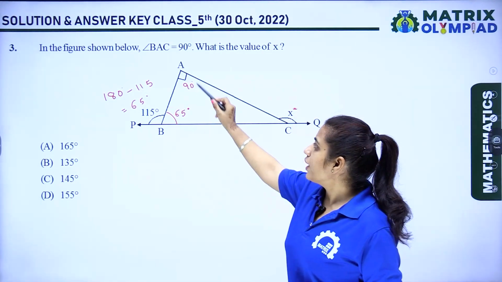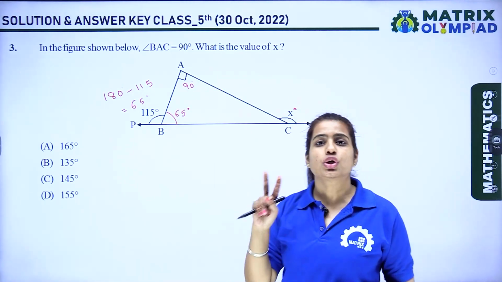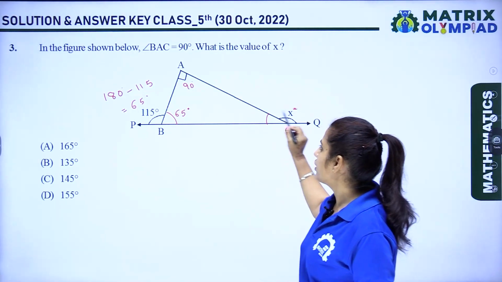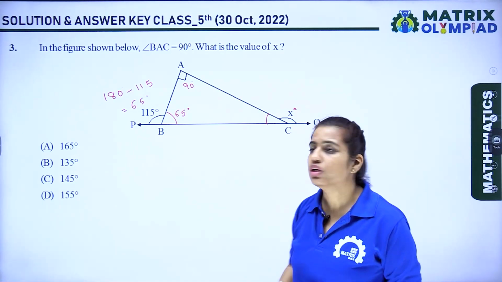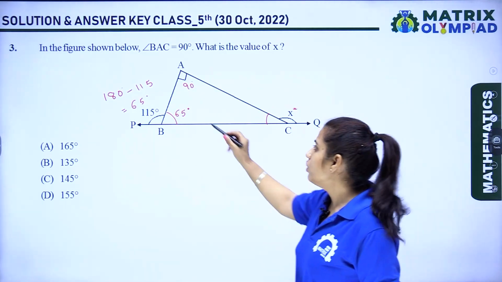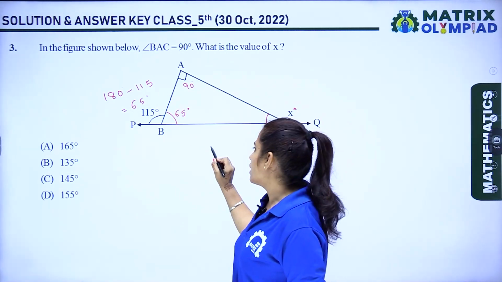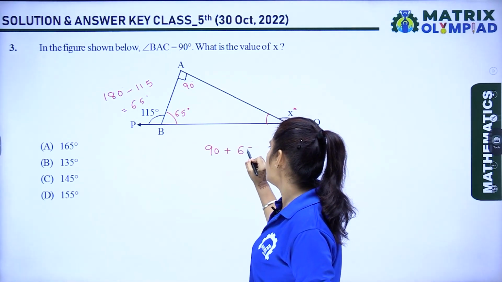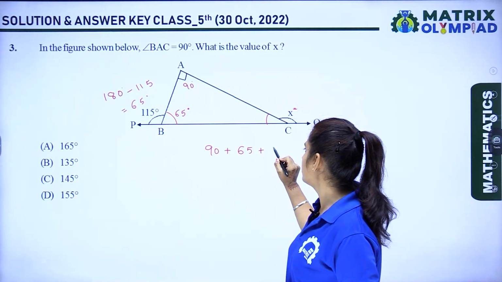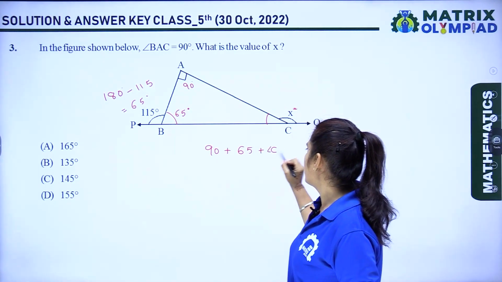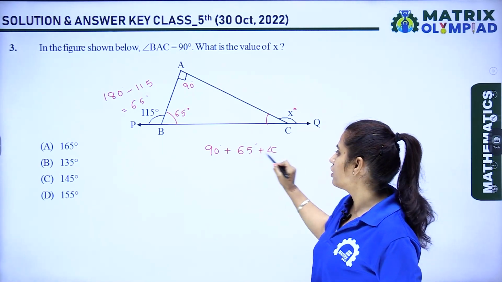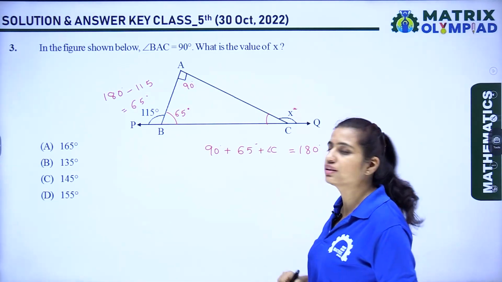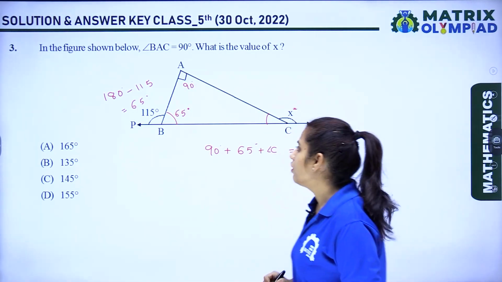Now, in the triangle ABC, we got two angles here. And now we have to find out the third angle so that we can apply the same straight line angle rule to get the value of x. Now, according to the angle sum property of the triangle, we are going to add these three angles to get the value. So, here 90 degree plus 65 degree plus angle C will give us 180 degree, as it is an angle sum rule of a triangle.